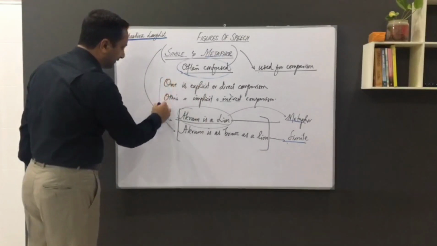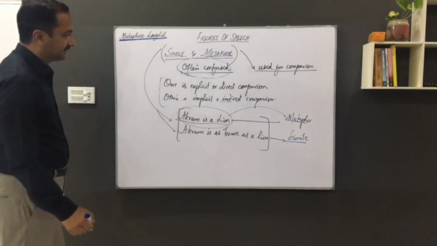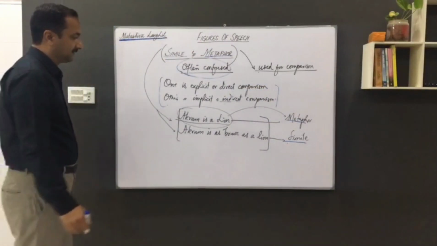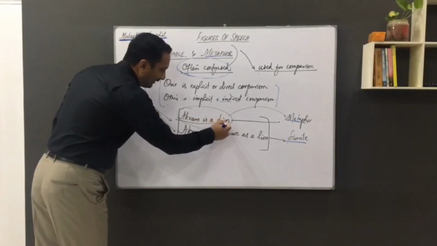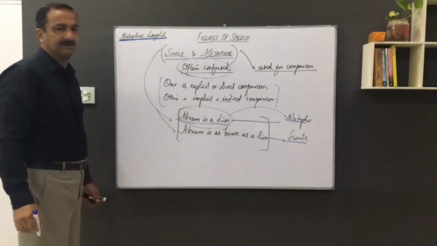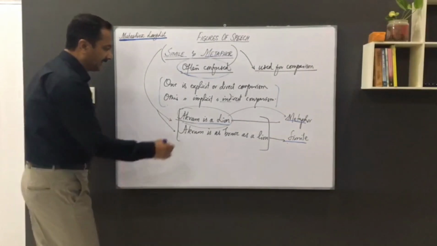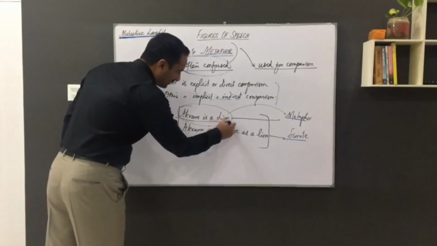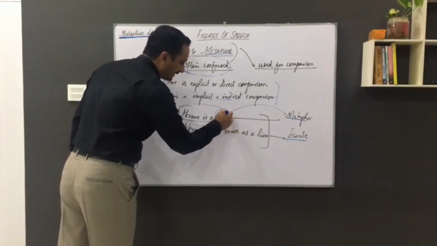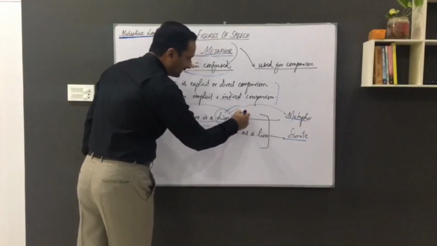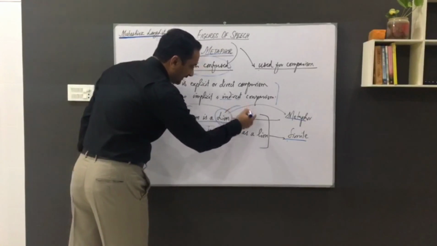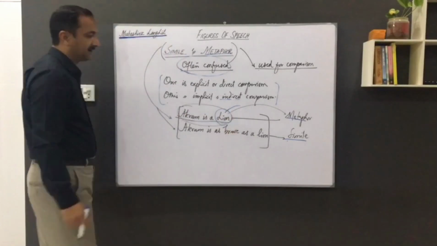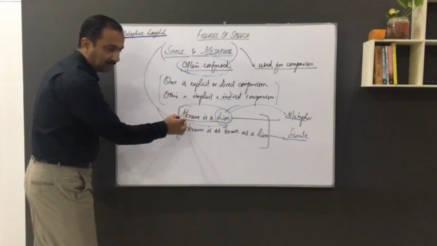From the understanding of the student, when it comes to metaphor, for example, when we say Akram is a lion, we are not clear which quality of lion is being determined, or which quality is being compared with Akram.